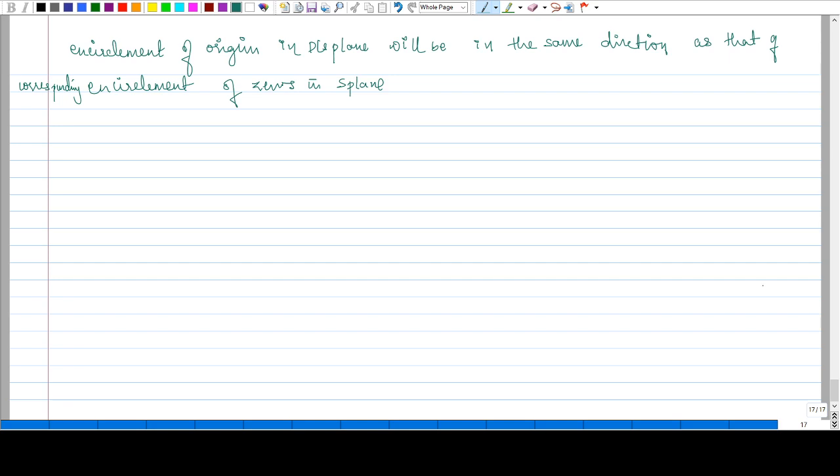So coming to the next rule here. There is this S plane and there is this D of S plane. So this is D of S plane and this is S plane.